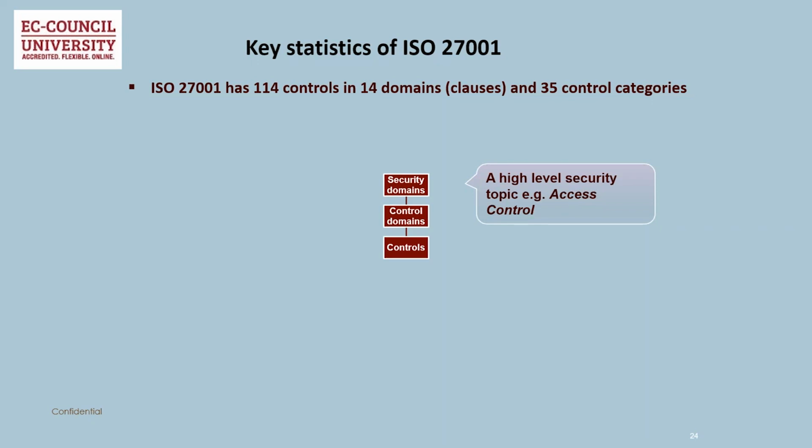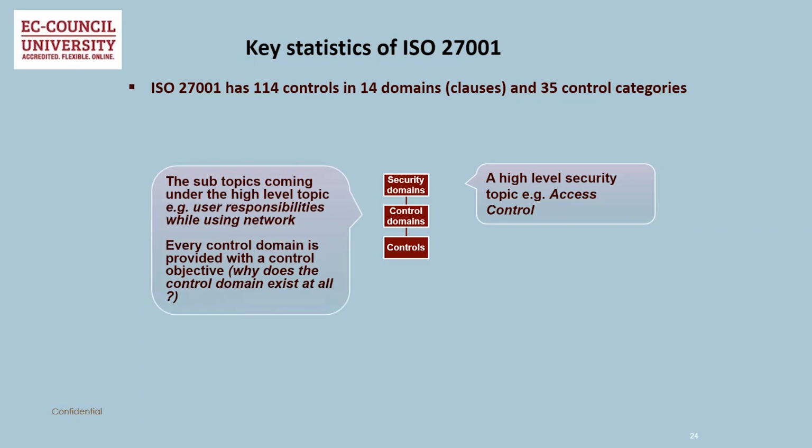Security domains is a high level security topic like access control. The control domain is basically the subtopics, like it covers who is authorized to enter the floor. So there should be some authorization by the manager before allowing entrance.